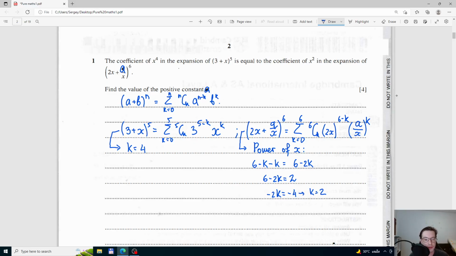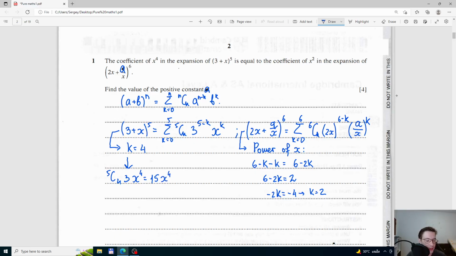Now, in the first bracket, if we let k be equal to 4, we will get 5C4 times 3 times x^4. And if we calculate that, that will give us 15x^4.